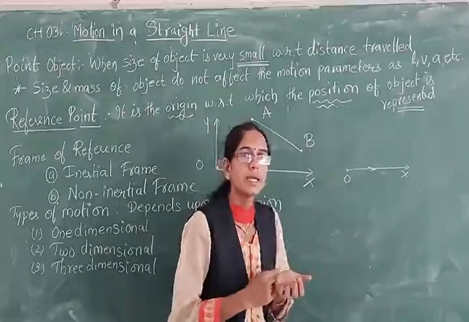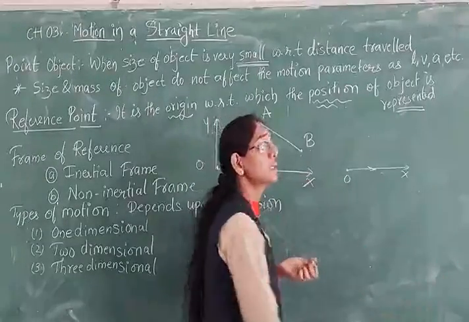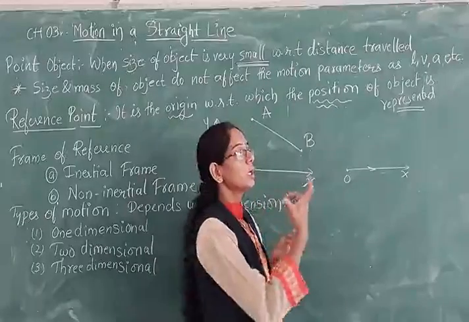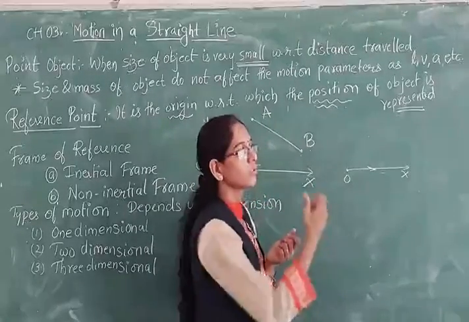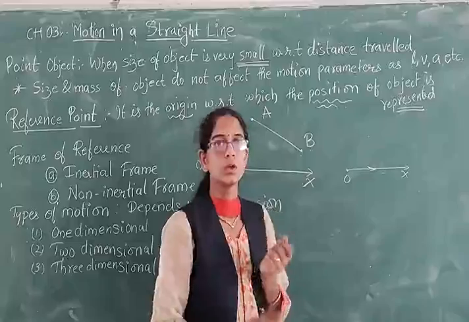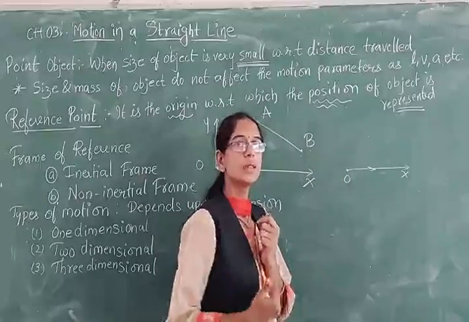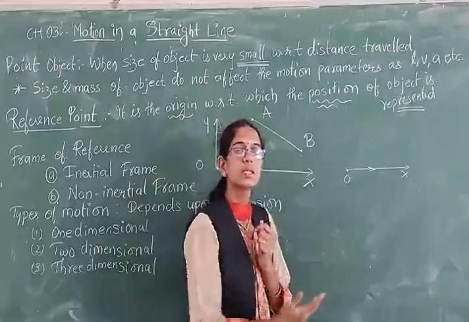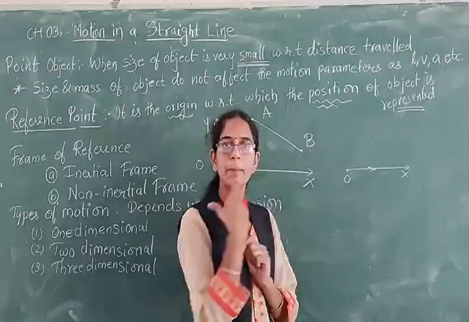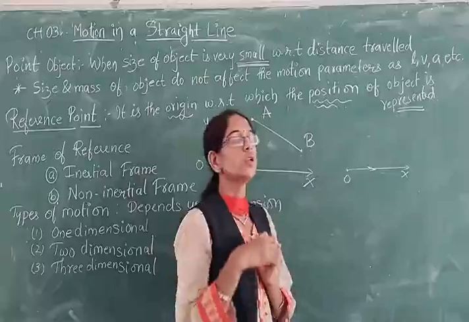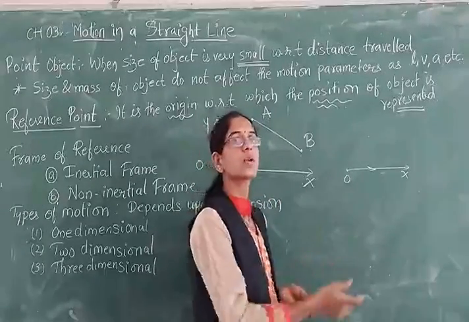I can easily calculate the time it will take to hit the wall. I know the speed, and I know the distance between the wall and me. So by using that, I can calculate the time. Means I have applied Newton's relations here, and I could calculate the time.